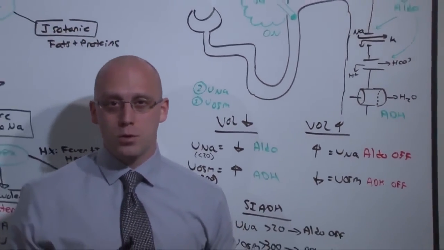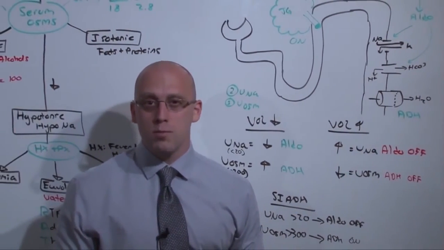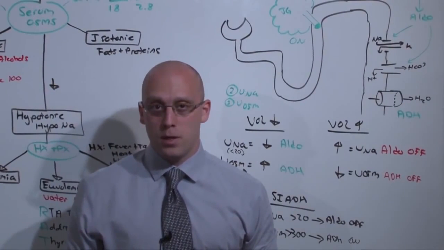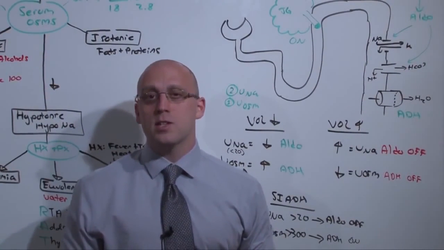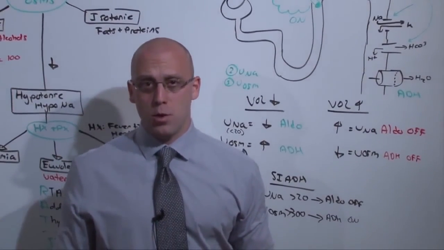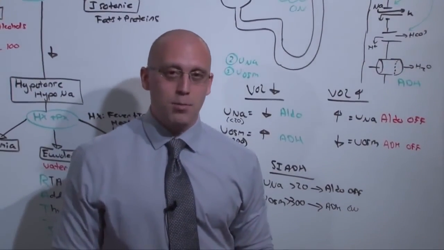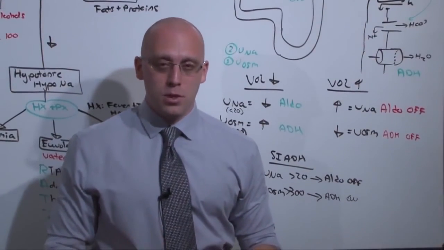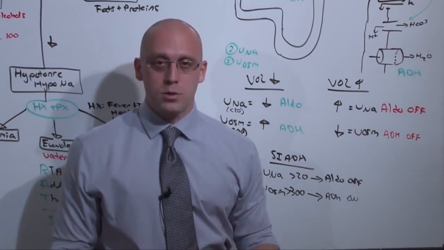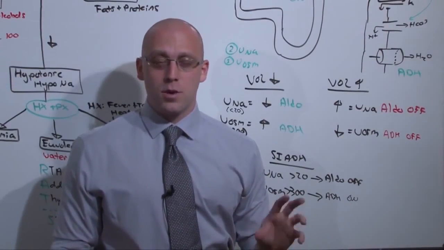If you have those 3 tests, you can pretty much determine what you need to do and what the diagnosis might be. You do that by saying, is there a true hypotonic hyponatremia or is something else in the way? Once you're in that hypotonic hyponatremia, you can use the urine sodium and the urine osms to determine the surrogate states for aldo and ADH.